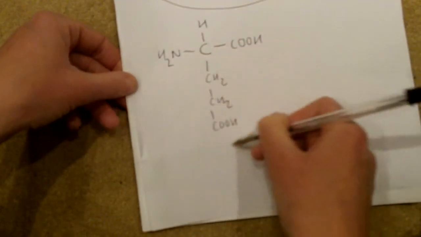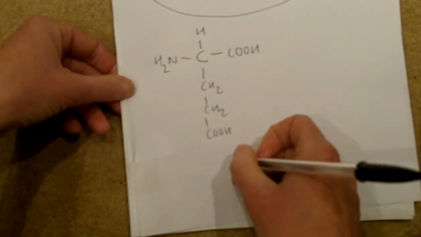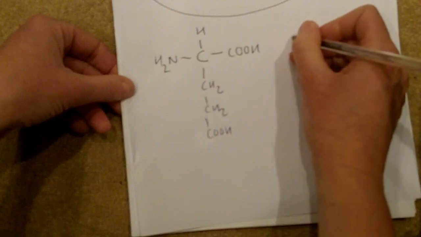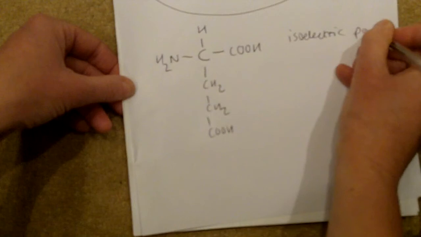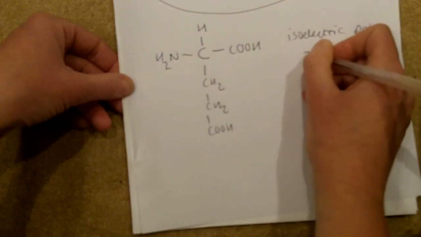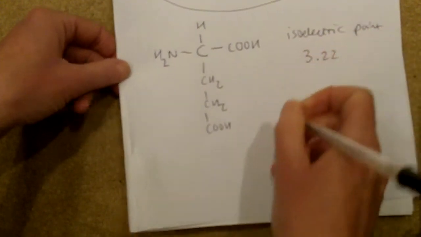Okay, so that's the R group. And this amino acid has an isoelectric point of 3.22. That's a pH.